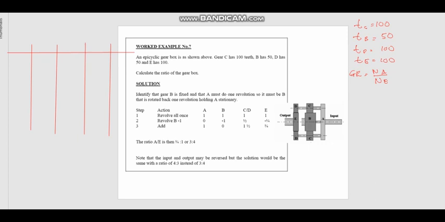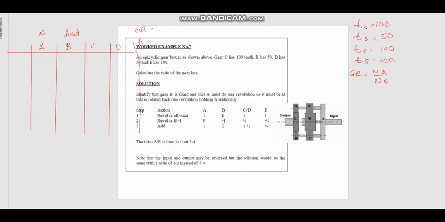We have gear A, B, C, D, and E. Identify that gear B is fixed. A is the input, and E is the output.